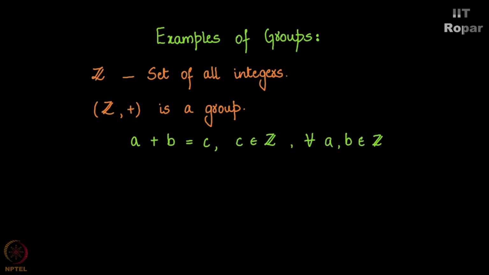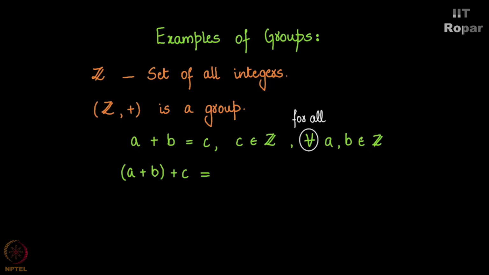Now, you take two integers, well, the symbol represents here for all. You have seen this in the logic chapter. We are going to use this more frequently now. You take any two integers, add them, you get an integer. Now add c to it.